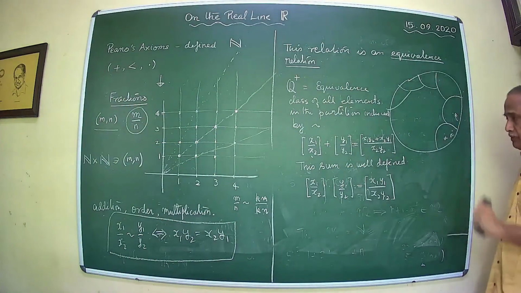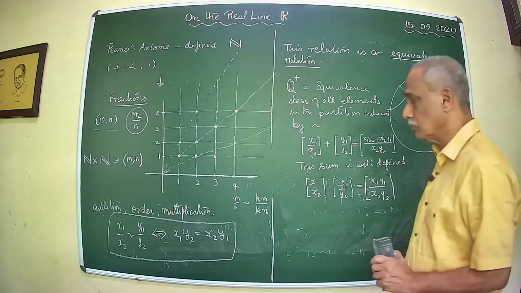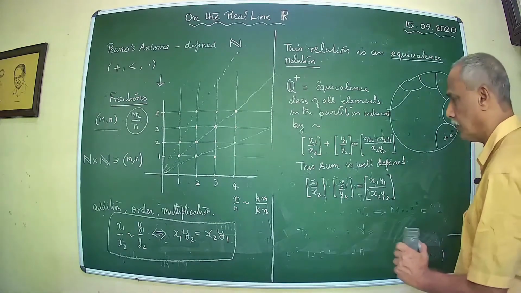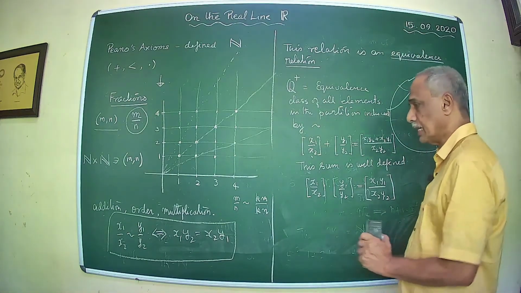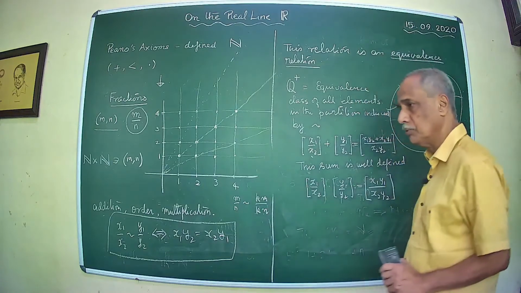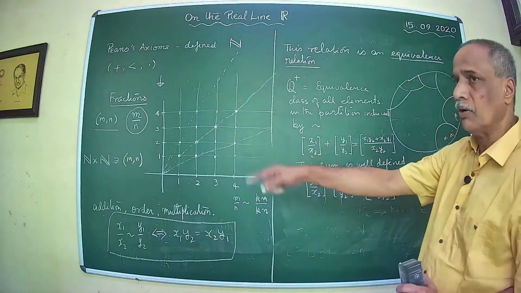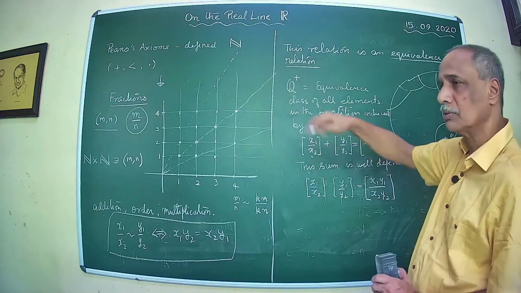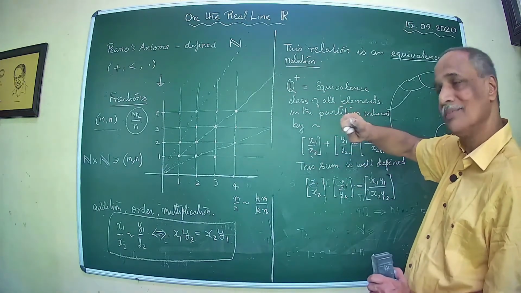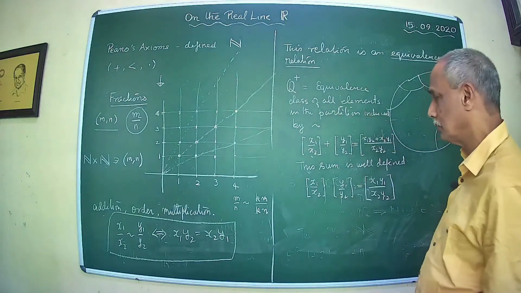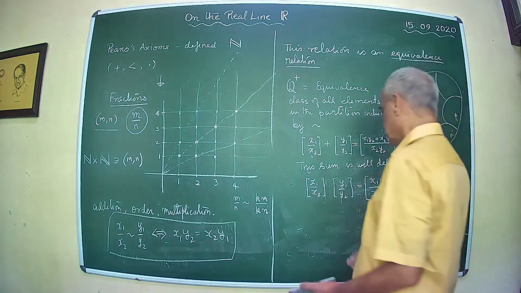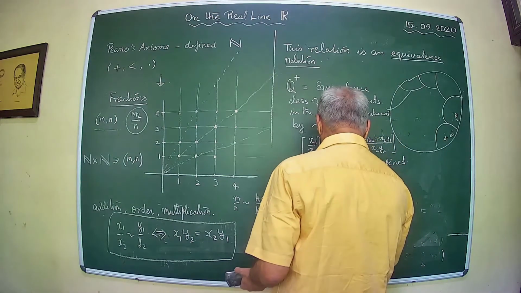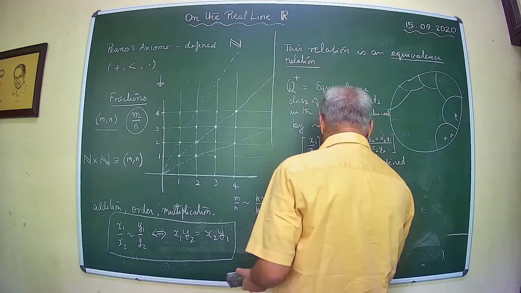So also you can verify that this property would prevail. If x1 by x2 is less than y1 by y2, then irrespective of what representative you use to check this property, it will be true. What do I mean by that? You have this relation, the order relation.